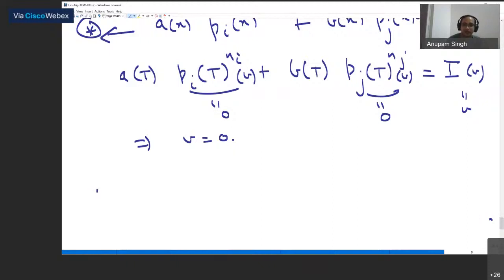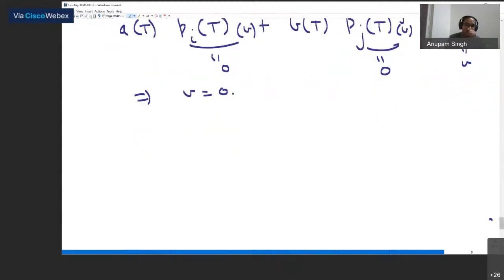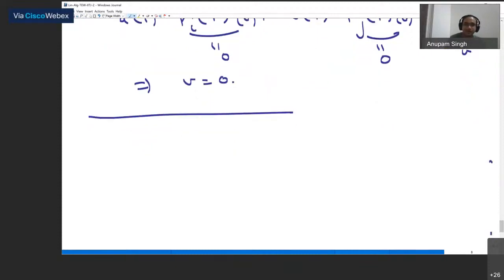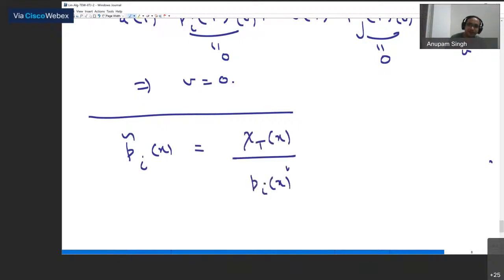Okay, and now I have to prove that v is the sum of v1 plus v2 plus up to vr. We need to find that also. Let's do that. A similar trick can be done for that also. So let me define this first. I'll define the polynomial Pi tilde(x) to be the polynomial chi_T(x) divided by Pi(x) to the power Ni.